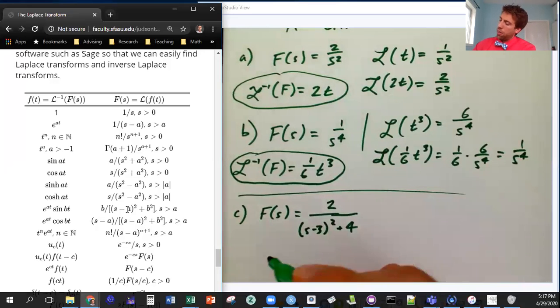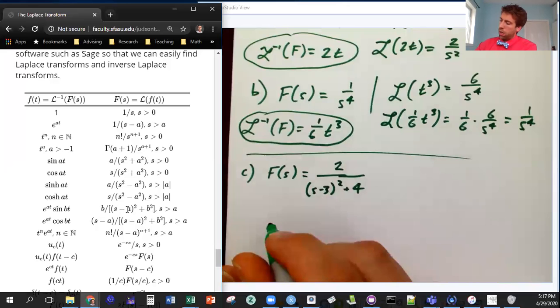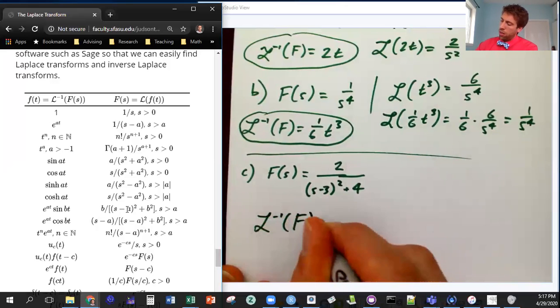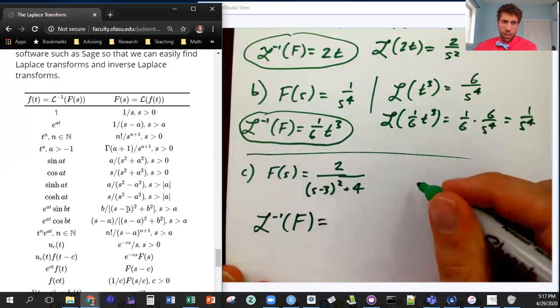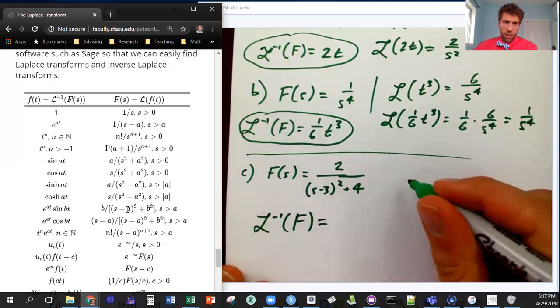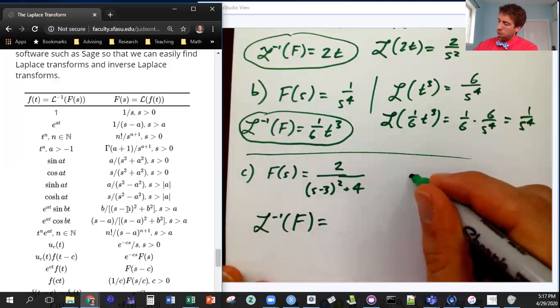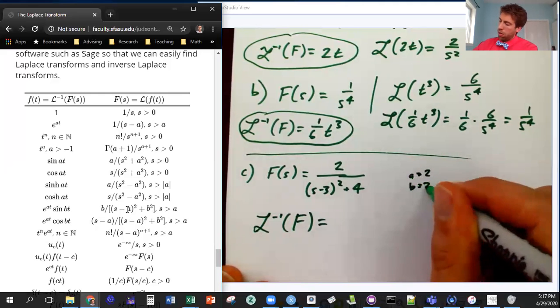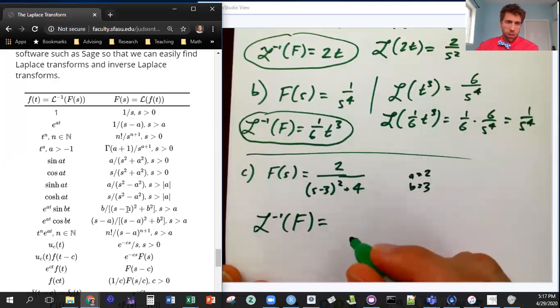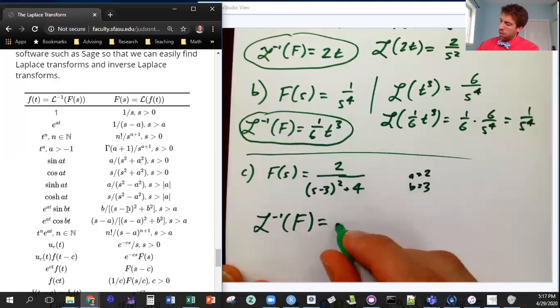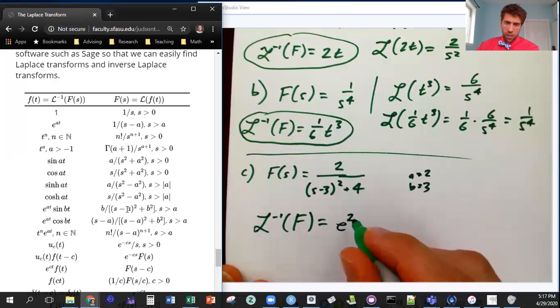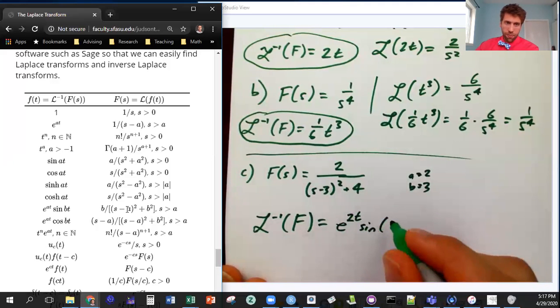So that means that over here, the Laplace transform inverse of F equals, I'm just going to write down my a and b real quick, a equals 3, b equals 2. So then I'm looking at e to the 3t times sine of 2t.